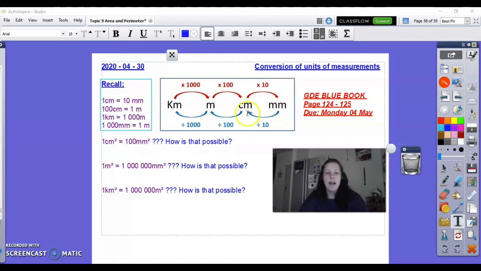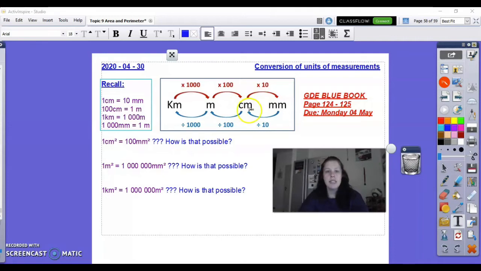Now if I want to go back in the opposite direction, I need to do the inverse operation. The inverse operation of multiplication we know as divide. So millimeters to centimeters: if I had 50 millimeters, I have to divide it by 10 to get to centimeters, so I'm left with 5 centimeters.